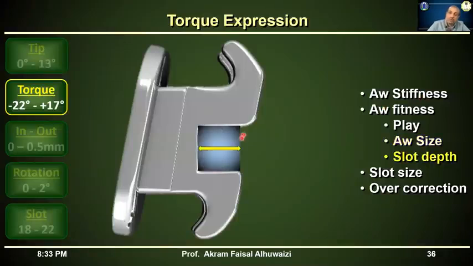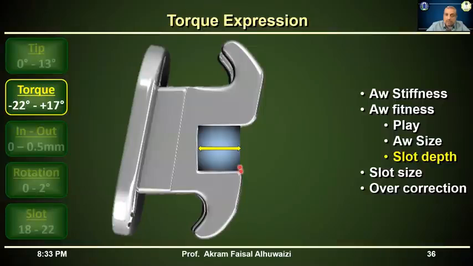So what about the depth of the slot? Well, generally the depth of the slot shouldn't be a problem. Most manufacturers make a .028 or a .030 slot depth. But this sometimes is not true. I've noticed that some of the low-grade, cheap brackets are rounded here.